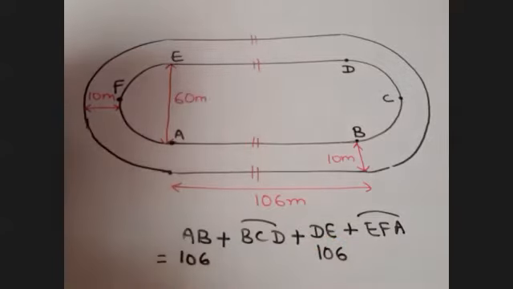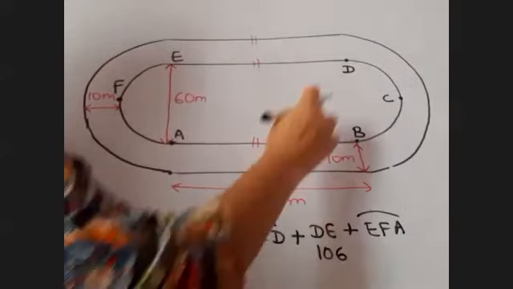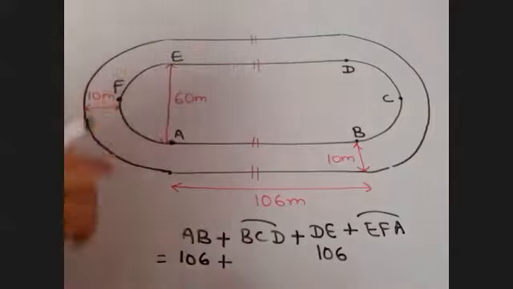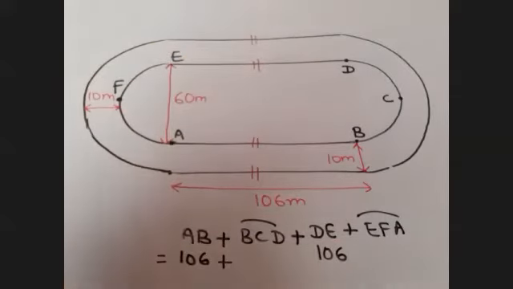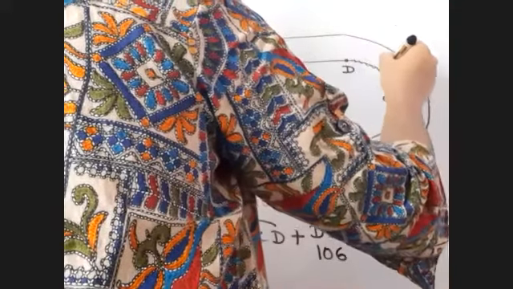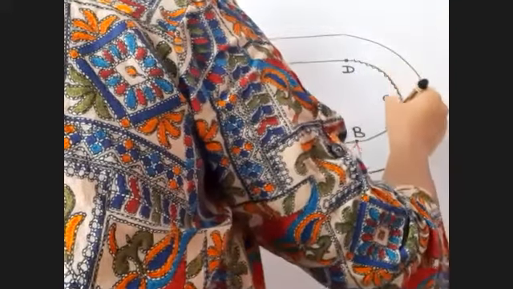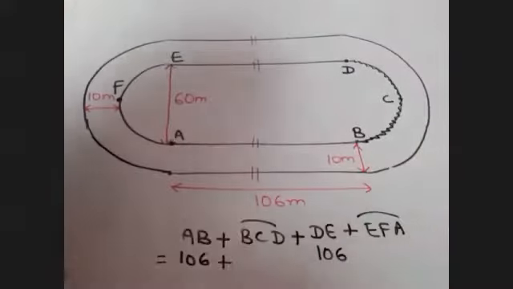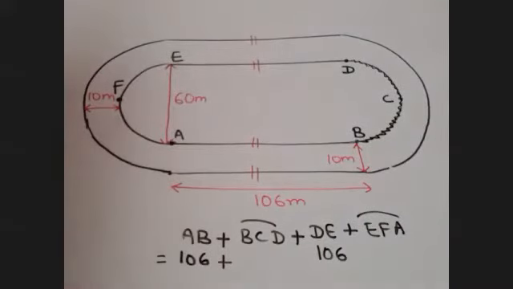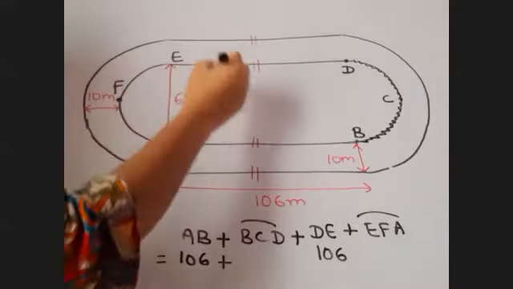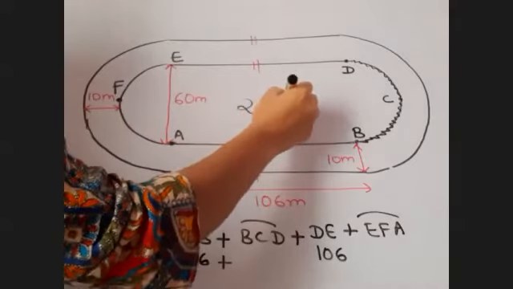106 again. Now BCD, as we are given, this is a semicircle. Now, being a semicircle, what is this part of a circle? Arc. The circumference of a circle is given by 2 pi r.